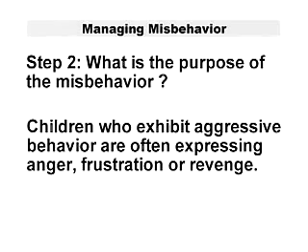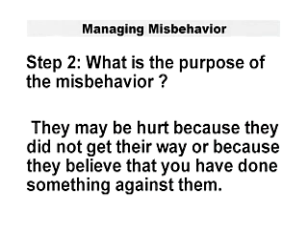It doesn't lead in the long run to getting what they want, but this is something they've learned as a way to cope with many of their situations. And children who exhibit aggressive behavior are often expressing anger, frustration, or revenge. They may hurt because they did not get their way, or they believe that you've done something against them.